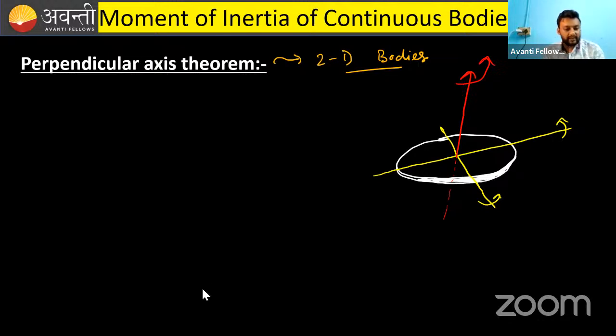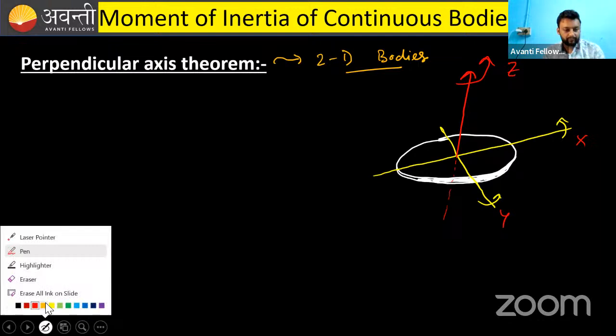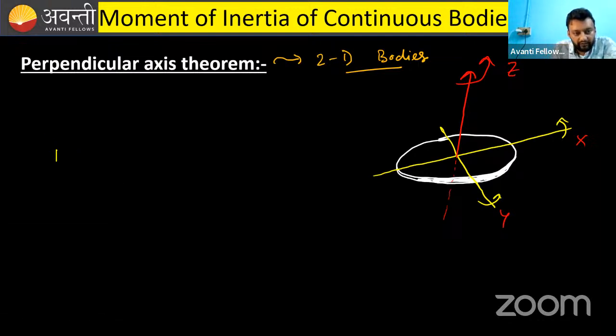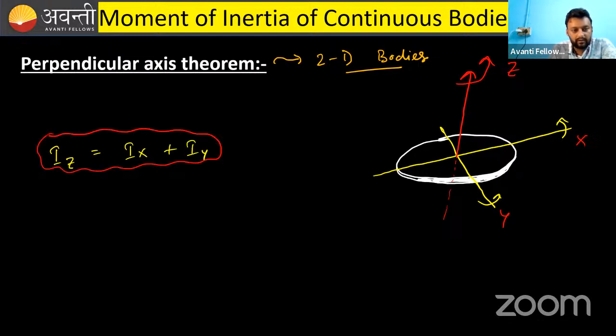Then the statement says, let's suppose this is X, this is Y, this is Z. Moment of inertia about Z axis is equal to moment of inertia about X axis plus moment of inertia about Y axis. Is the statement clear?